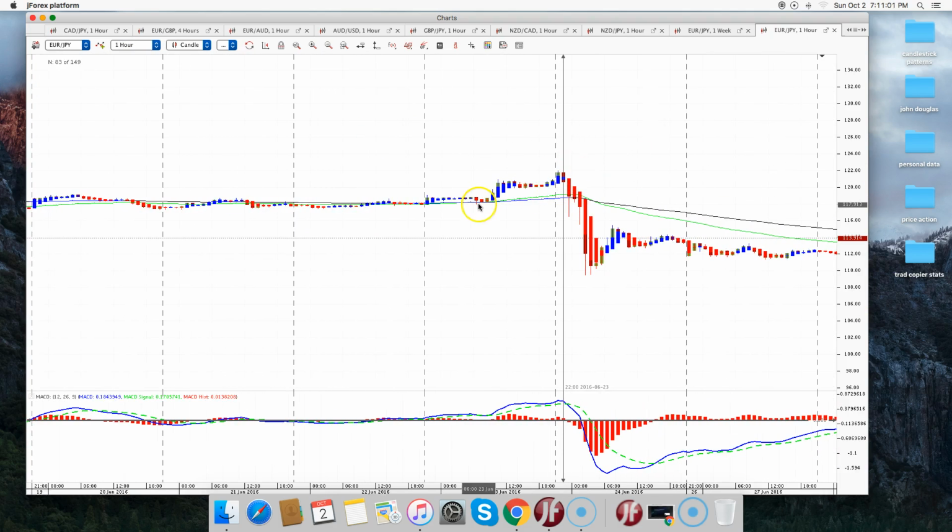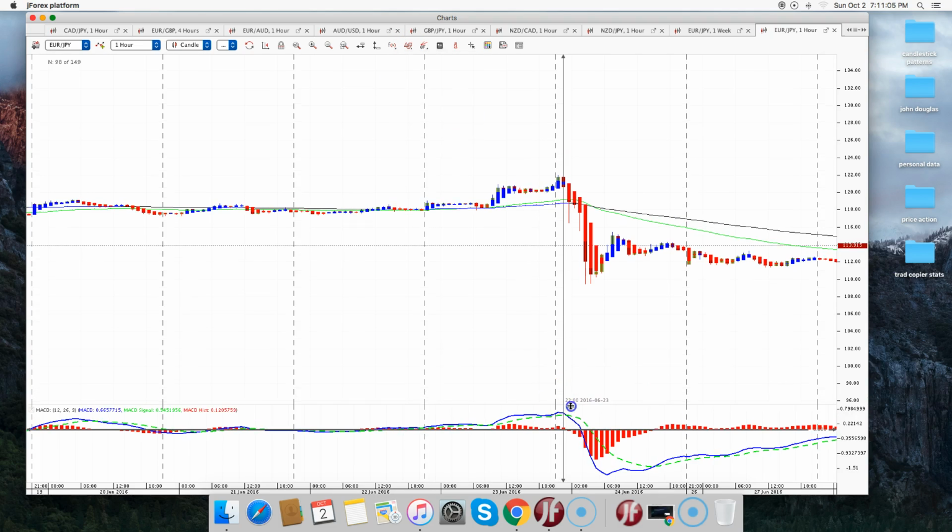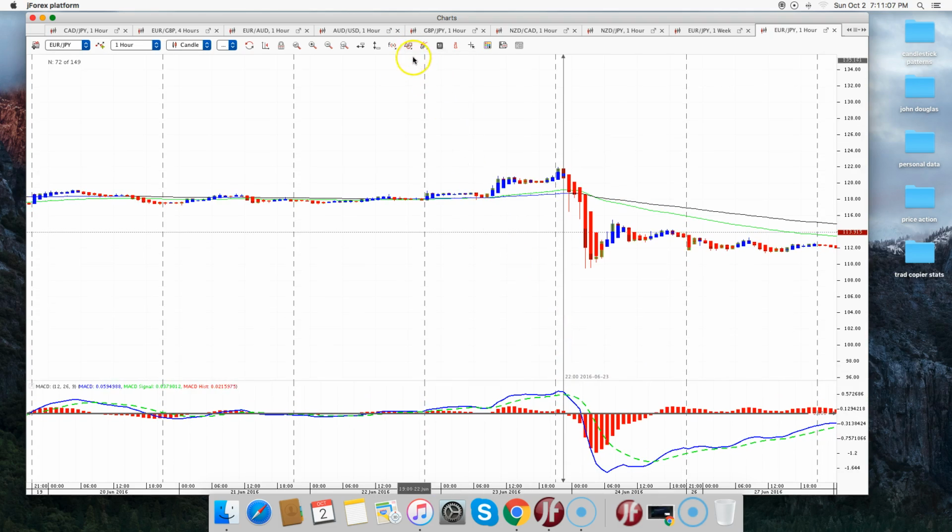The arrows, the two lines in MACD, crossing to the downside, and remember, I'm looking for a trade signal that is supporting the daily and the 4 hour chart, mostly the daily chart, because that's the direction I want to be taking.